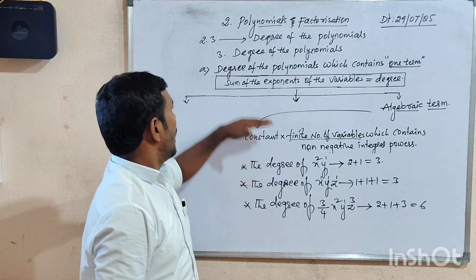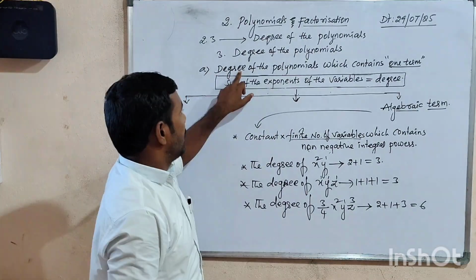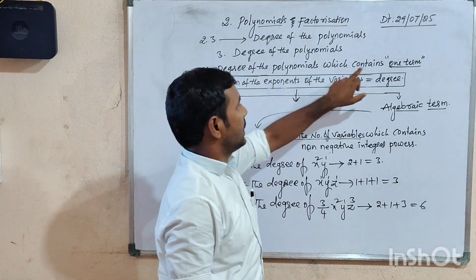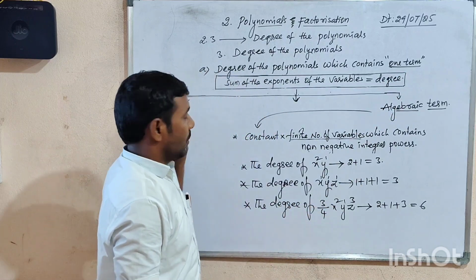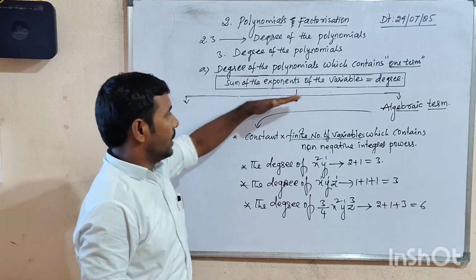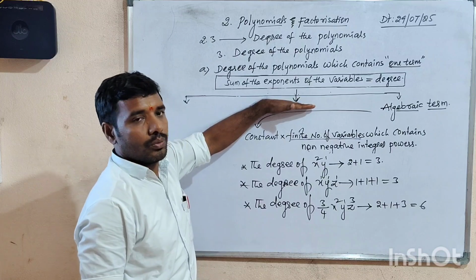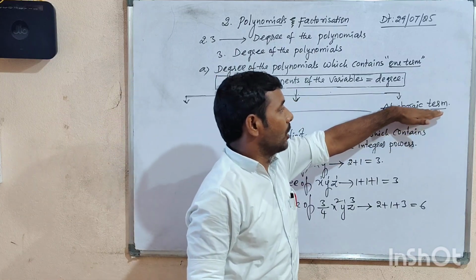This is about the first title, that is the degree of polynomials which contain one term. So till now we discussed one side zero, one side non-zero, one side algebraic term.